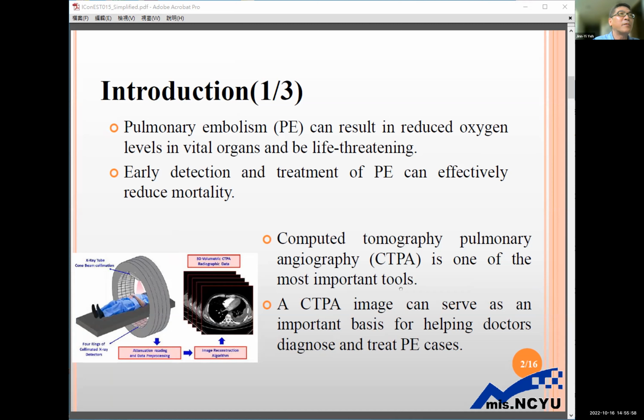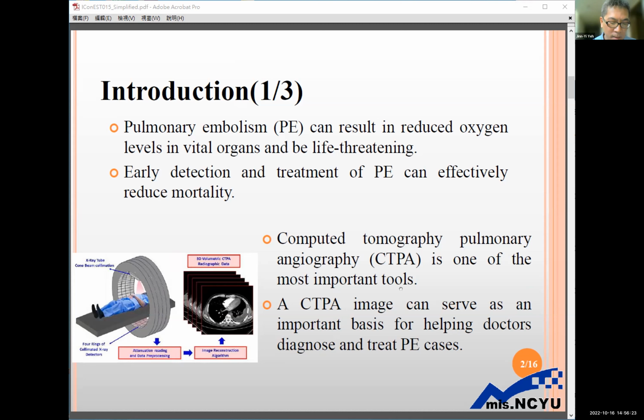The pulmonary embolism, we call PE, can impede the normal flow of the blood, which can result in reduced oxygen level in vital organs and be life-threatening. Early detection and treatment of a PE can effectively reduce mortality.